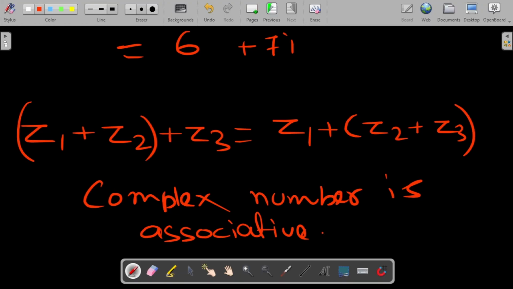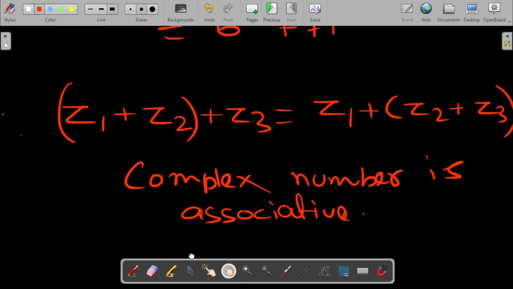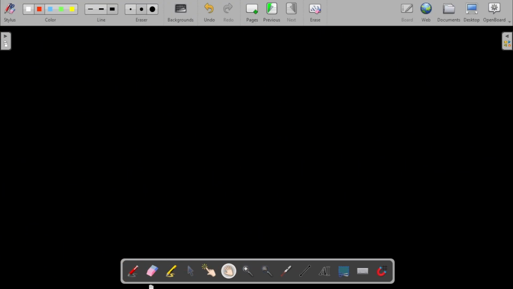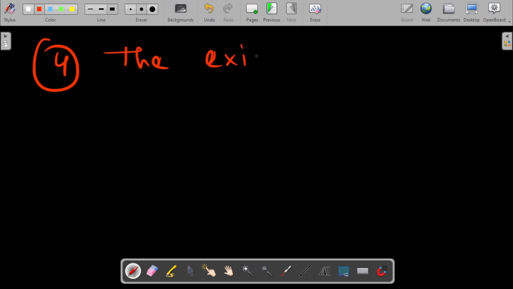Next, the existence of additive identity. The fourth property is the existence of additive identity.